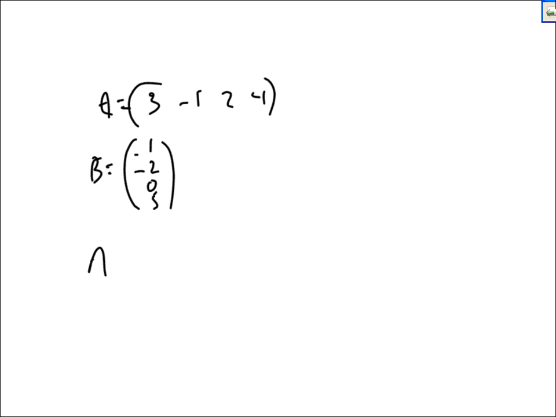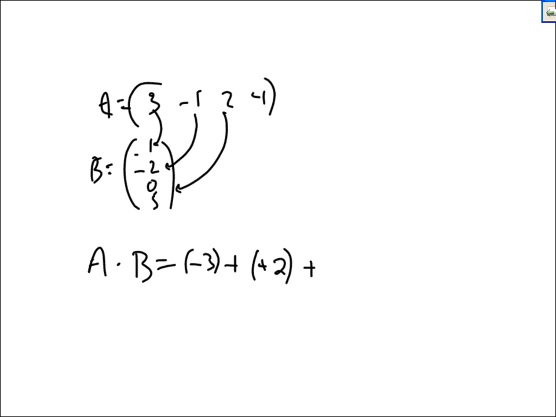If A is equal to (3, -1, 2, 4) and B is (-1, -2, 0, 5), then A dot B: you multiply the first entries, you get -3, plus you multiply the second entries, you get positive 2, plus you multiply the third entries, you get 0, plus you multiply the fourth entries, you get positive 20.